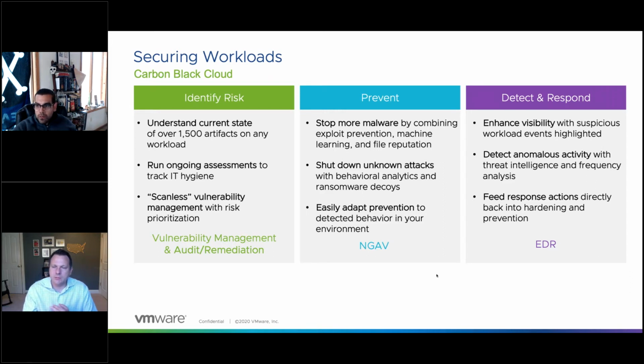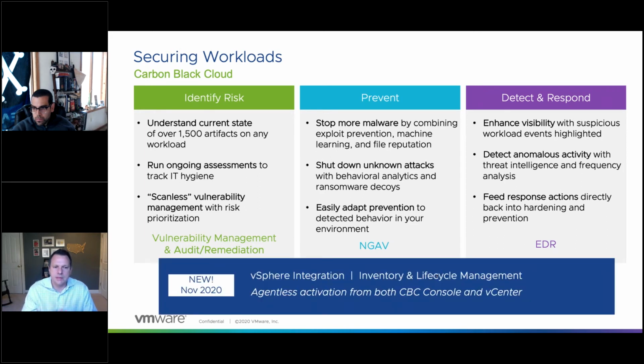So if you wanted to start pulling data for forensic purposes, run watch lists, feed that data back into your SIEM system, perform advanced analytics and remediation on that data, all of this is built into a single data stream coming off of your workloads, integrated into your vSphere environment specifically through a plugin into vCenter, where you can easily flip on this workload security capability directly inside of vCenter and effectively provide this agentless activation.